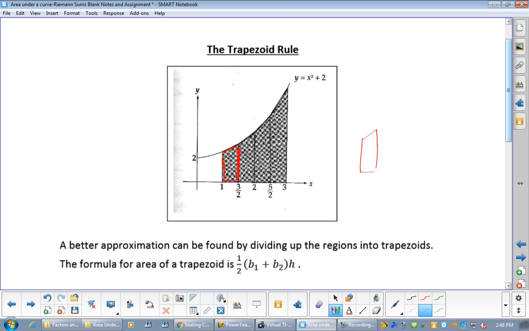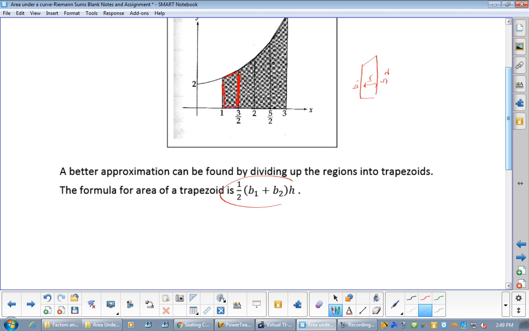If this is B1 and this is B2, and this is our height, the area for a trapezoid is 1/2 times B1 plus B2 times height. Now remember, it's on its side, so the height would actually be the base width. Our height will be this right here, and that's our base.